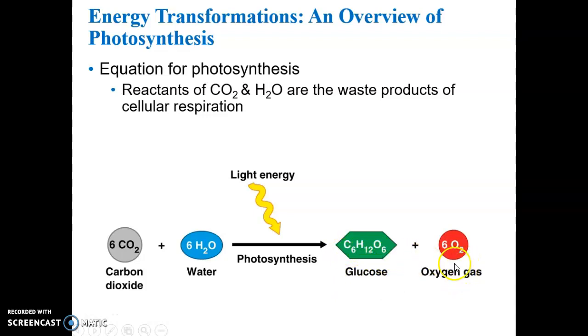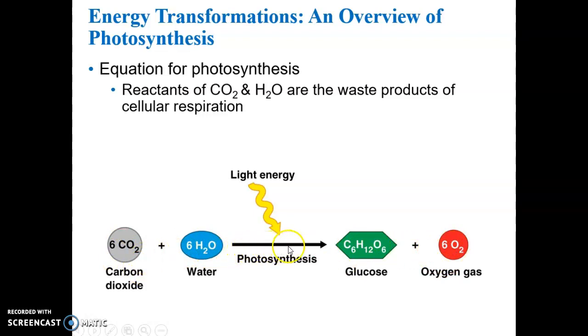C6H12O6, and waste gas, oxygen gas, O2. And then the 6 over here and the 6, and there's an imaginary 1 and a 6 over here. That's just to show the balanced equation. Don't worry about that too much.